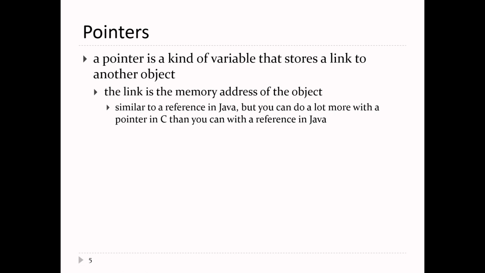So it resembles a reference in Java. However, with a C pointer, you can do a lot more than what you can do with a Java reference. We'll talk about exactly what you can do with pointers later on in the course.